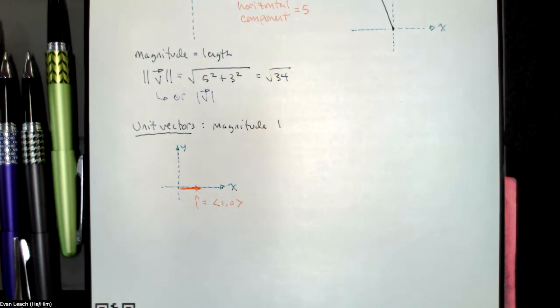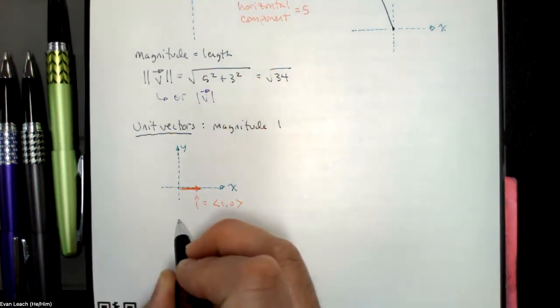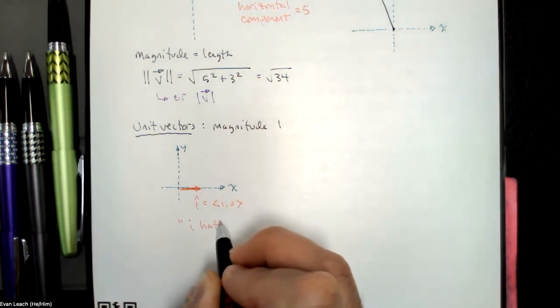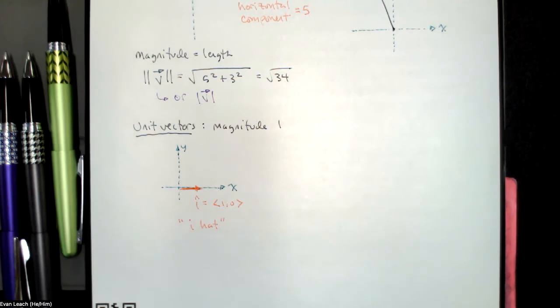I don't know who came up with this notation. It was really cute at first, but now I find it kind of annoying to be like, oh, i hat. Do it enough and you'll feel silly saying i hat, so you just say i.